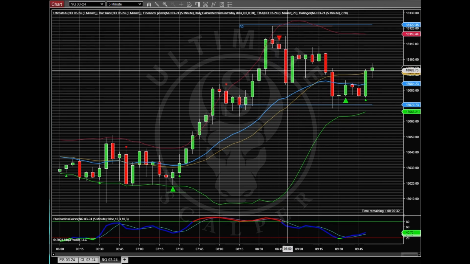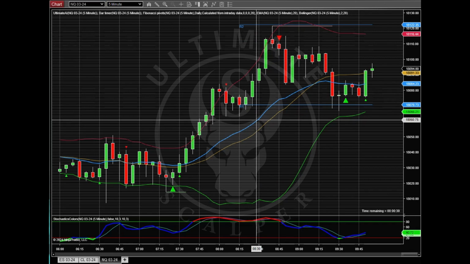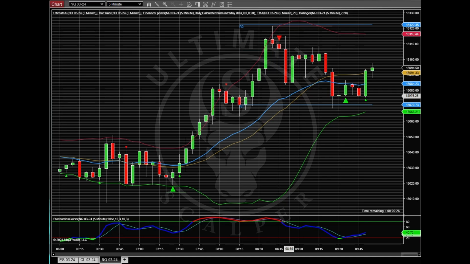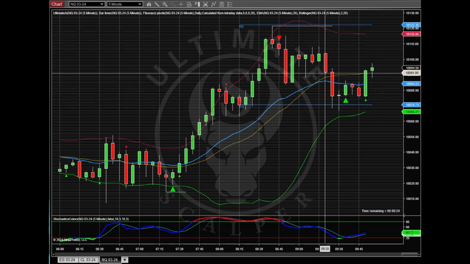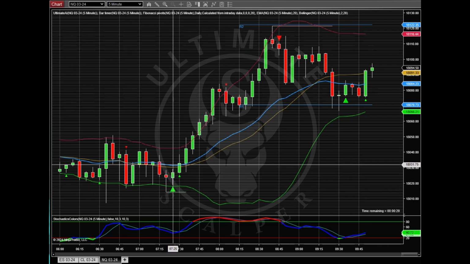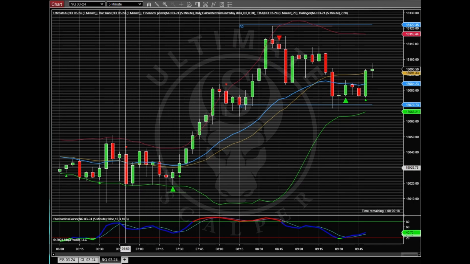That's how we filter. We like to avoid selling right into the blue, which is the 20 EMA. There's usually a bounce, or buying right into the blue could get a bounce. Just a precaution.